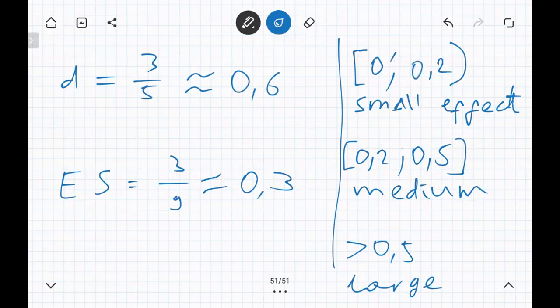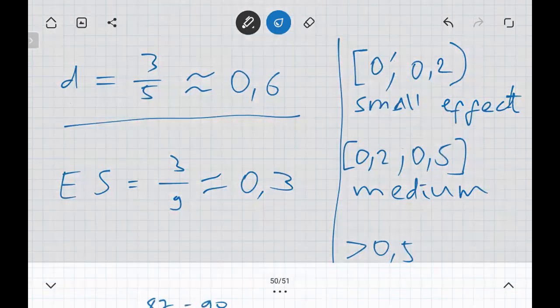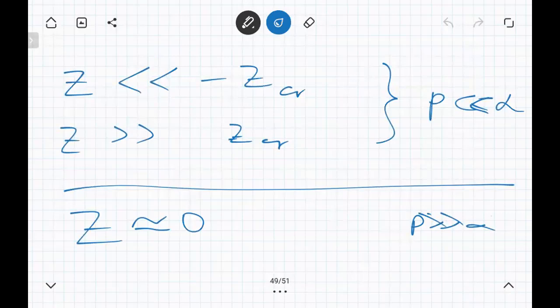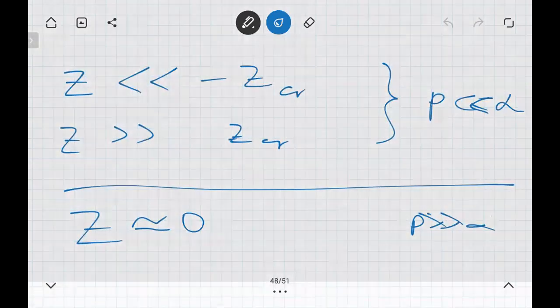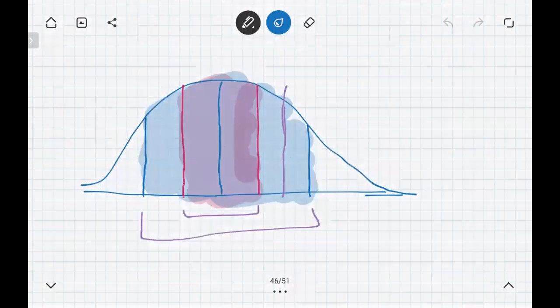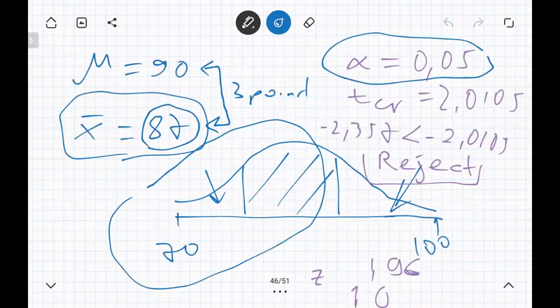Well, in our case, the Z-score tells us that the difference is real, and the D-score tells us that the effect is large. So those 3 points of difference in the average grade are a big deal. It's a really significant drop.